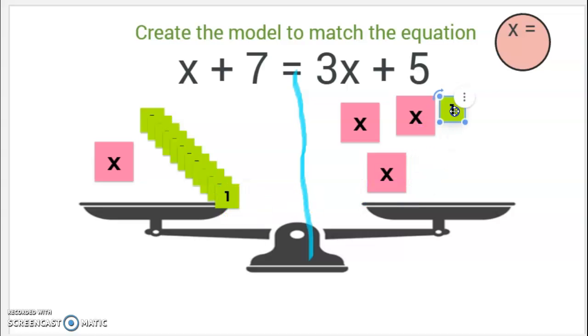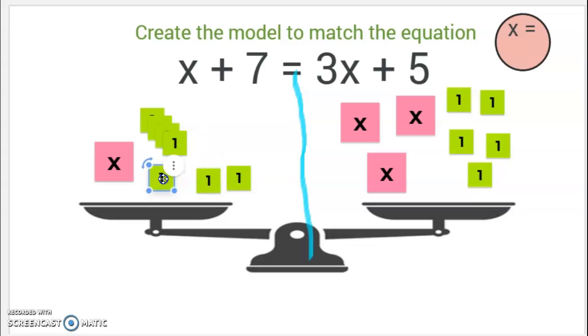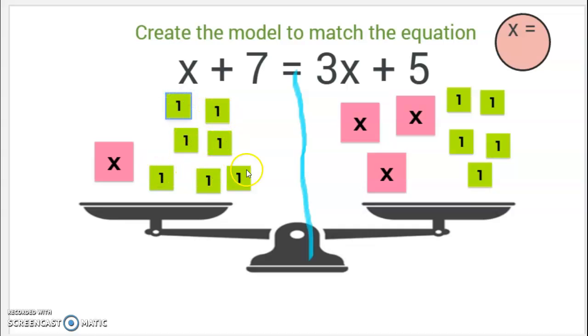And I'll just erase whatever I don't use. 3, 4, 5, and then on this side I needed 7. 2, 3, 4, 5, 6, 7. Okay, sorry. I was seeing things.